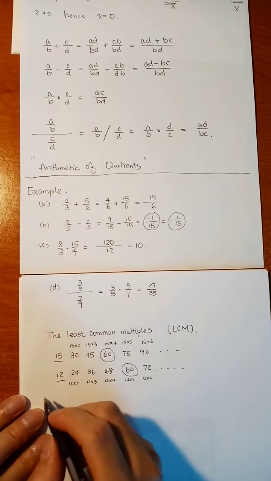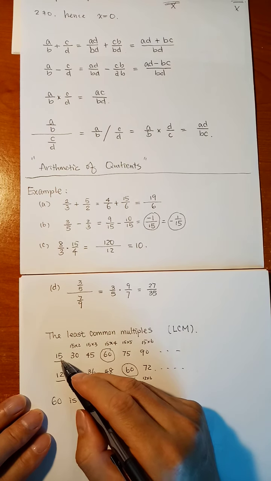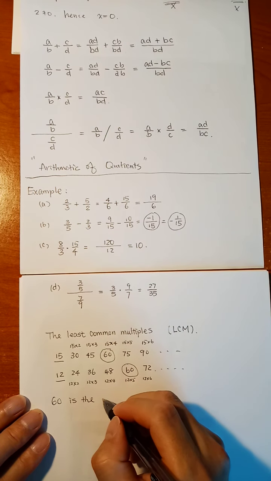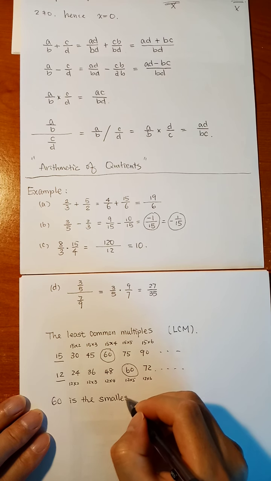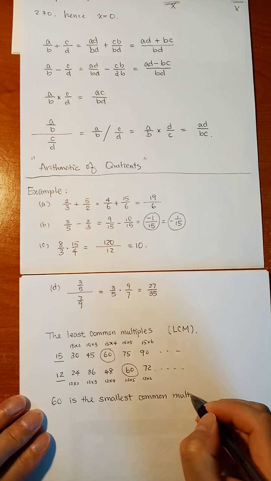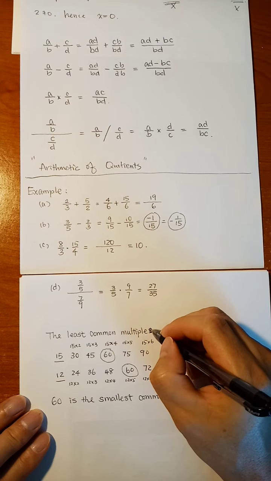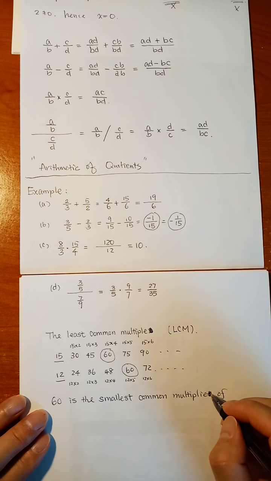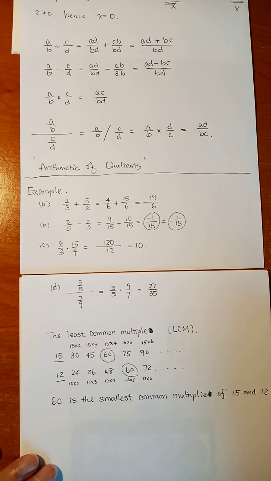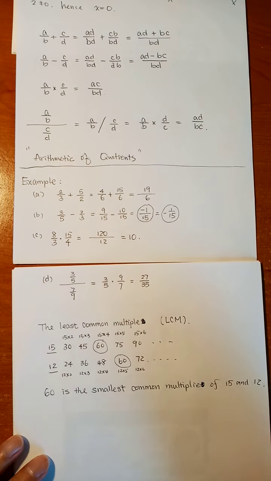So 60 is the common multiple of 12 and 15. And it's the first one. First one means smallest one. The smallest common multiple is the least common multiple, no S. 60 is the smallest common multiple of 15 and 12.